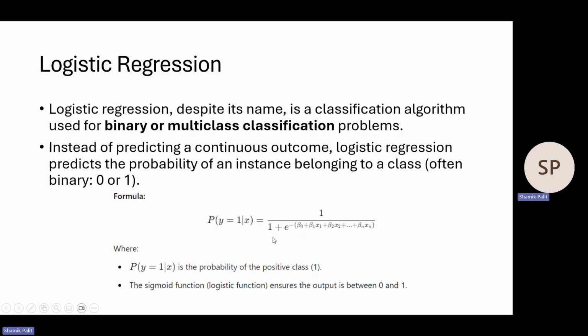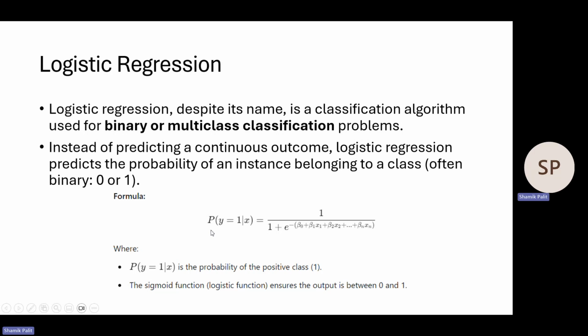Now, at the same time, if I consider logistic regression, as I already told you, the name says regression, but it is actually used for classification problems, any type of binary or multi-class classification. This is the formula of logistic regression. As you can see, we start finding a probability.